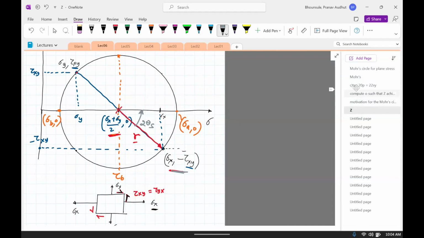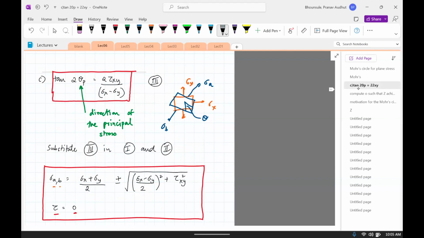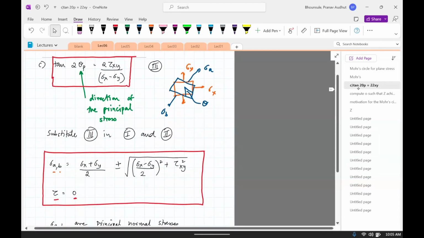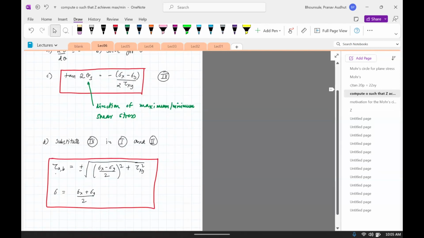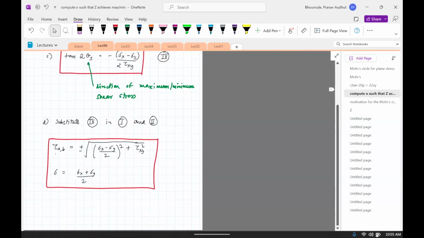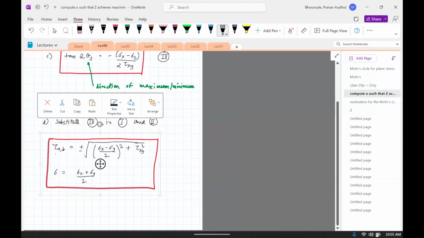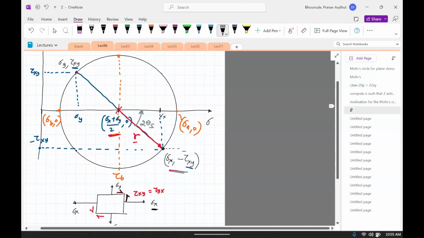And then there's a similar one for the maximum shear stress. This one's the maximum shear stress. So this angle is when tau AB is the max value, sigma achieves a value of sigma x plus sigma y by 2. So that should be clearly this point. So the angle is going to be this from here all the way.